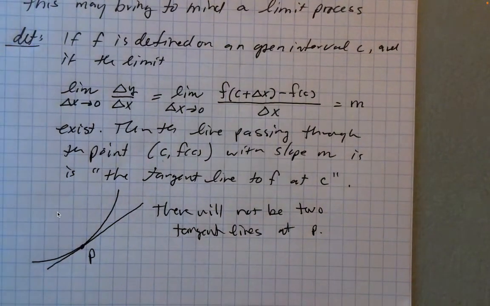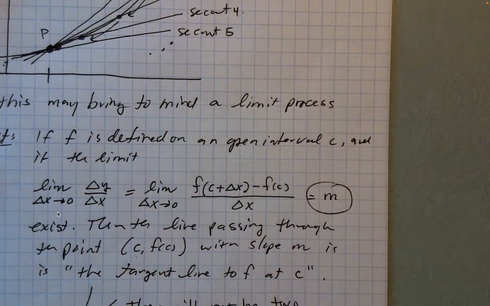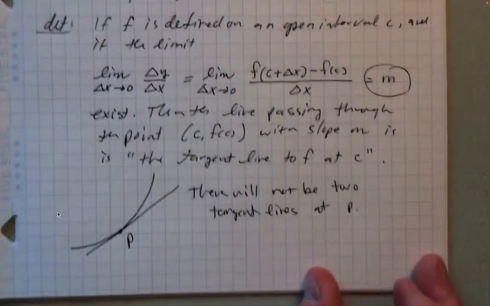You might be able to say there's 2 lines, but they have the same slope, which is essentially the same line. And so that's why this defines a unique tangent line.